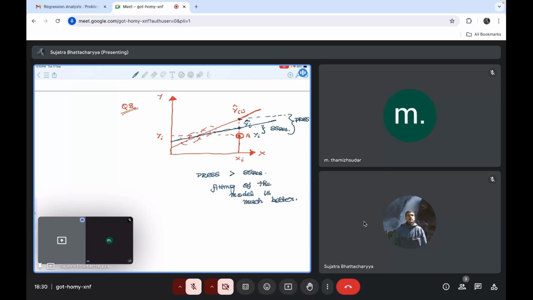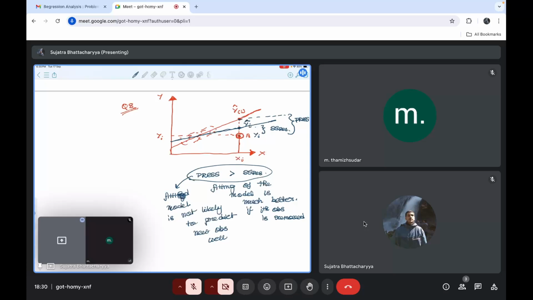Okay, so the fitted model is much better if this ith observation is removed. So PRESS greater than SS residual means that the fitted model is not likely to predict new observations well, right?